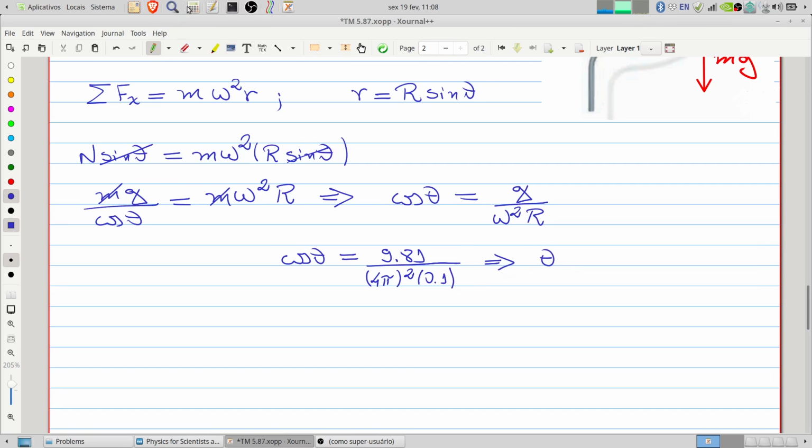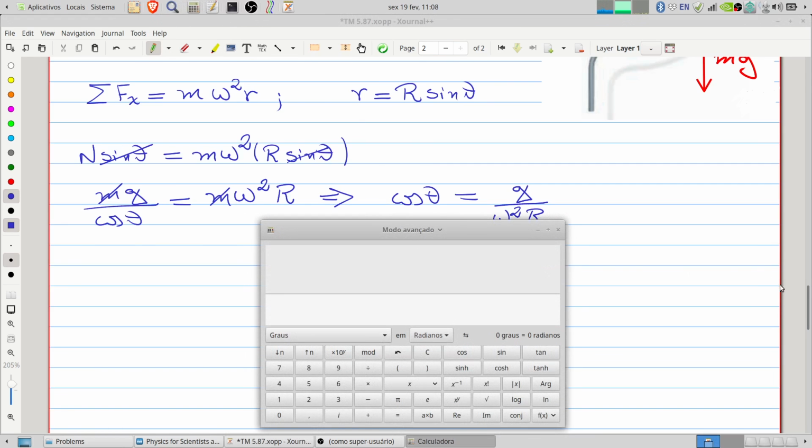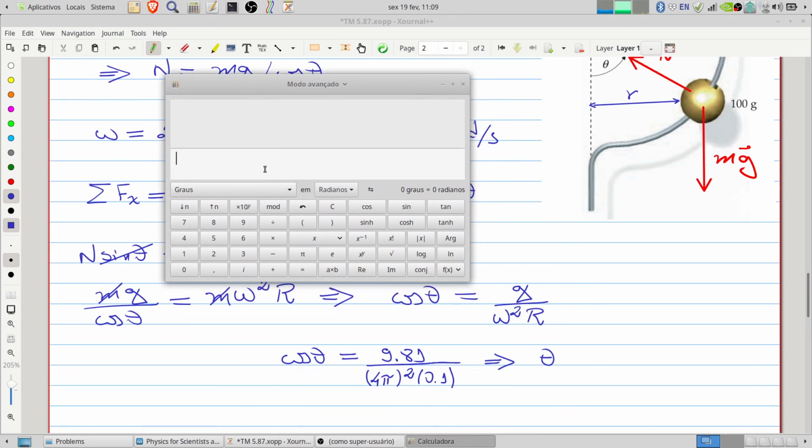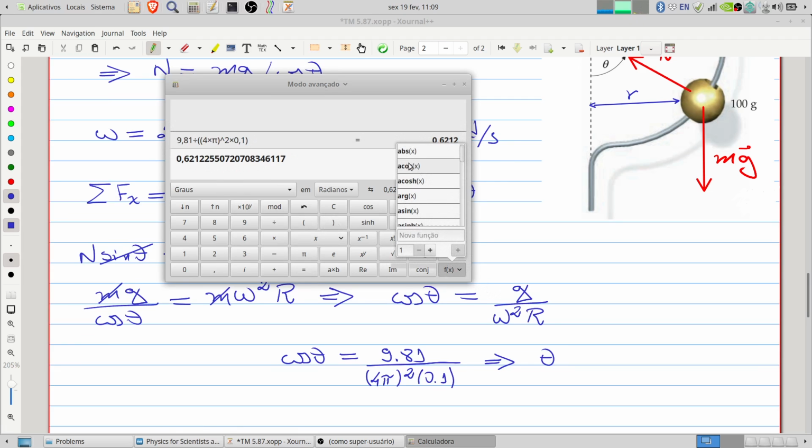Let's use our calculator here. Okay, 9.81 divided by 4 times pi, squared, times 0.1. Okay, and we want the angle.